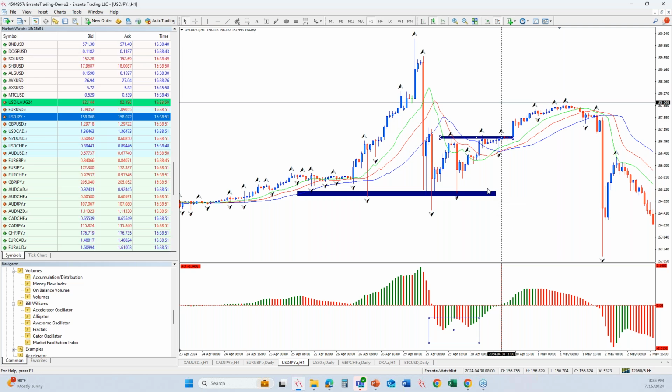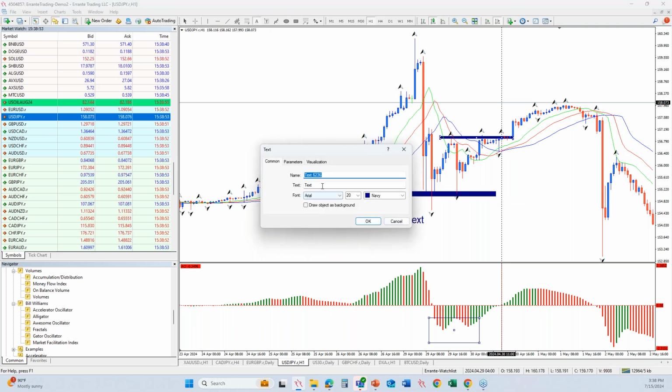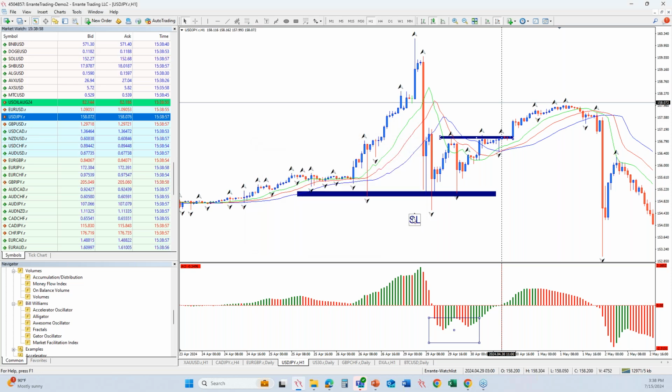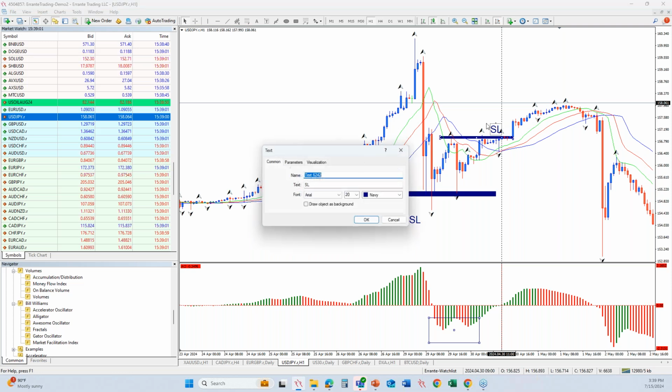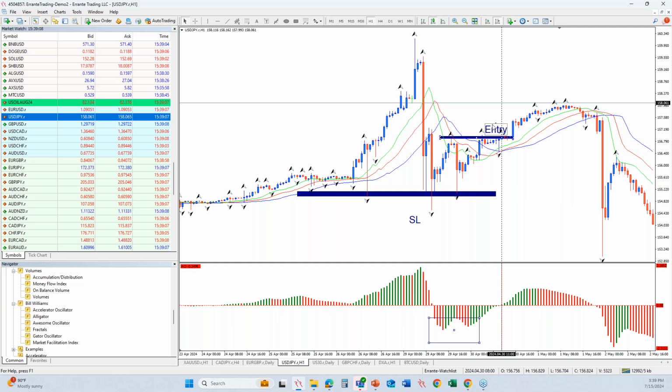And again, we can put our stop loss just below this support level, and our entry will be at the candle breaking above the last top fractal out of the mouth of the alligator to the upside, somewhere like this.